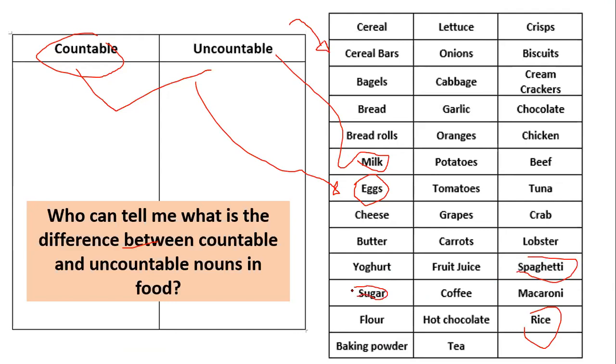I can touch, but I cannot say 1 milk, 2 milks, 3 milks. No, I need to say, similar to what we practiced with the containers, the bottle of milk or the carton of milk. Okay.